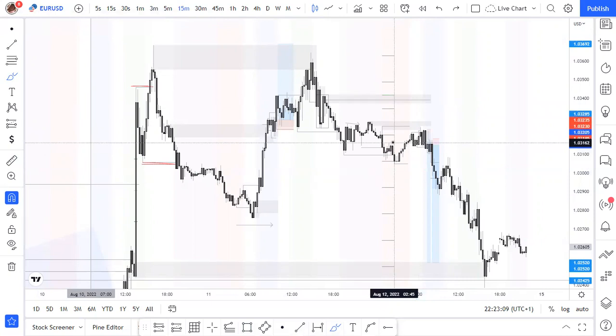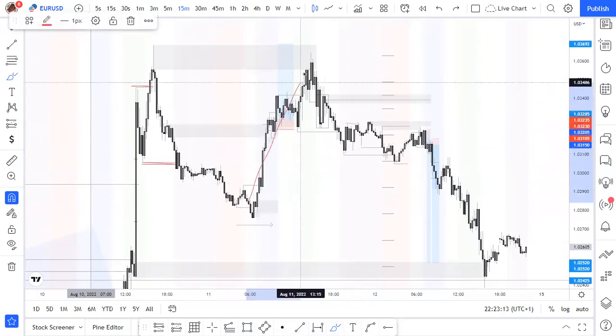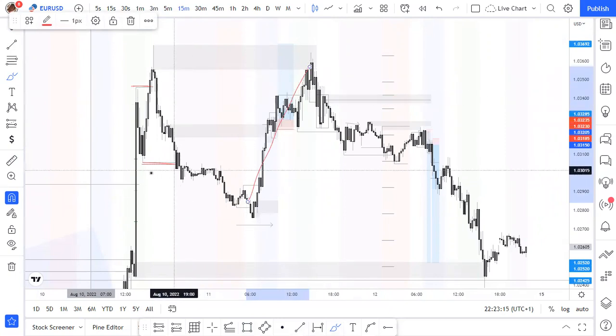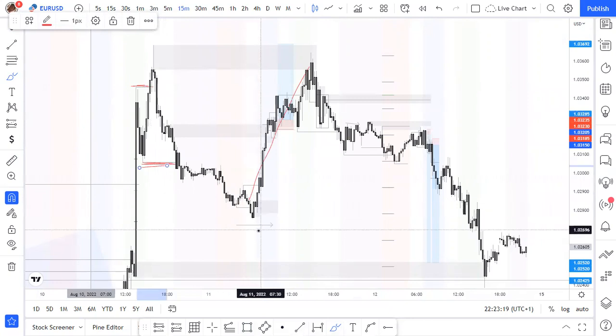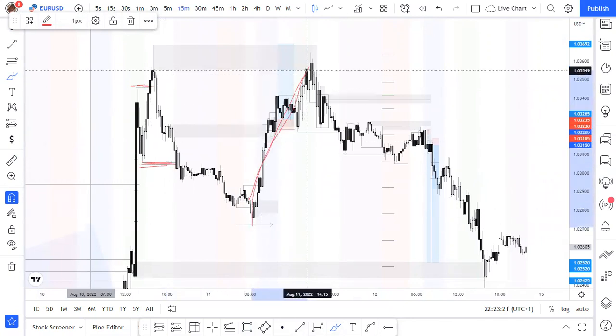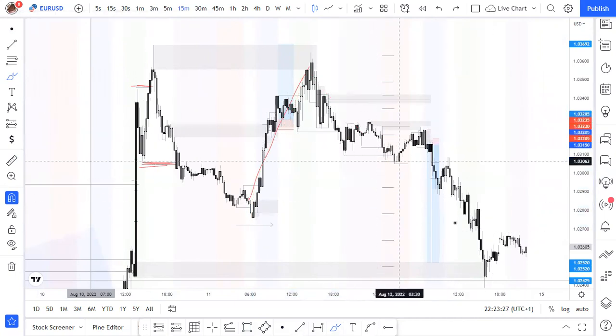So we were in that pullback phase. When we have a breakout structure, we normally want to see price pull back before continuing that trade. So I was taking the continuation here.